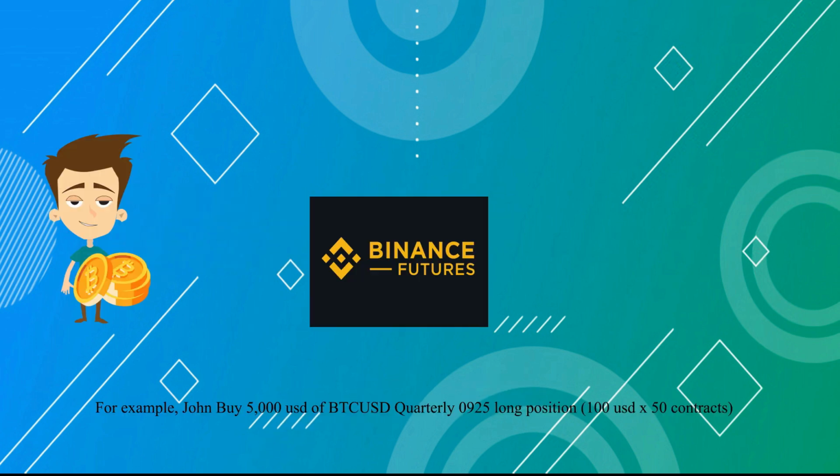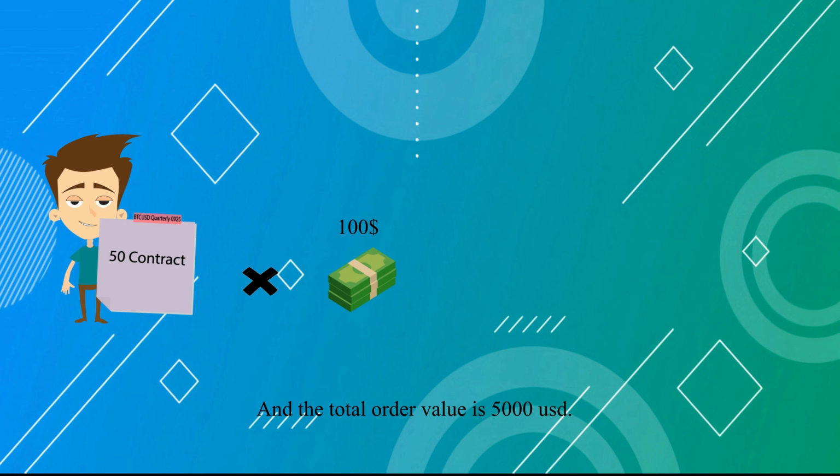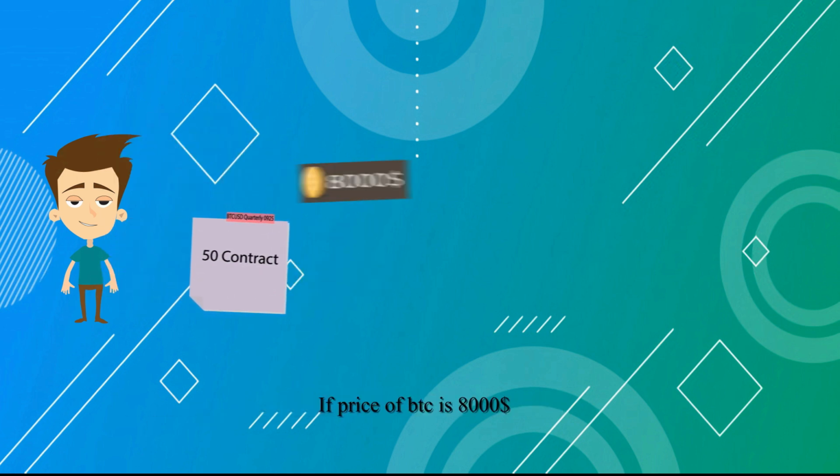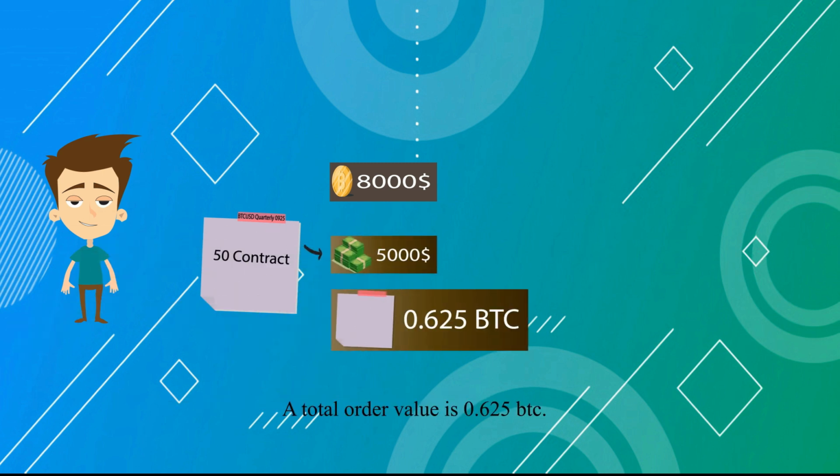For example, John buys 5,000 USD of BTC USD Quarterly 0925 long position, 100 USD x 50 contracts. And the total order value is 5,000 USD. If the price of BTC is $8,000, the total order value is 0.625 BTC. This value is called notional value.